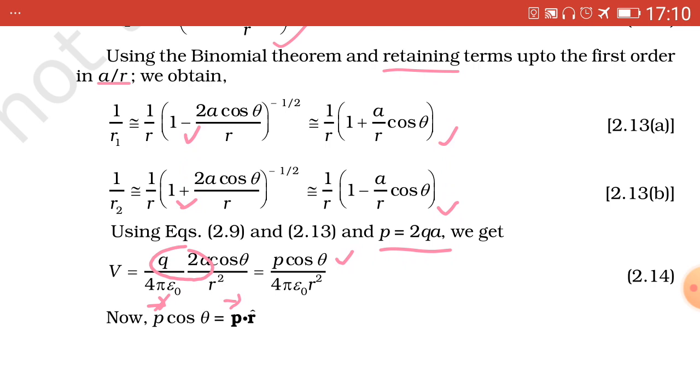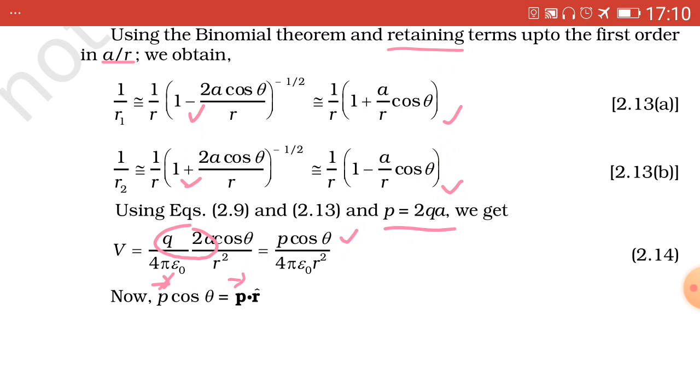Therefore, on simplifying and substituting the value of the electric dipole moment, that is P equals 2qa in magnitude, we have capital V equal to Q upon 4 pi epsilon 0 into 2a cos theta upon r square. Now for Q into 2a, which has been encircled, we substitute P, the dipole moment.